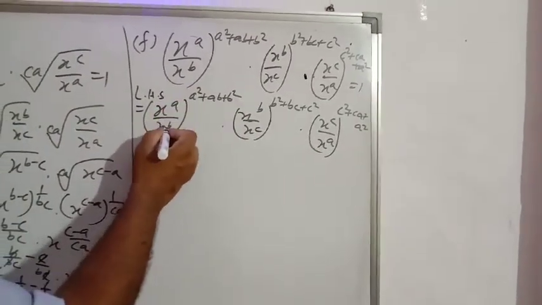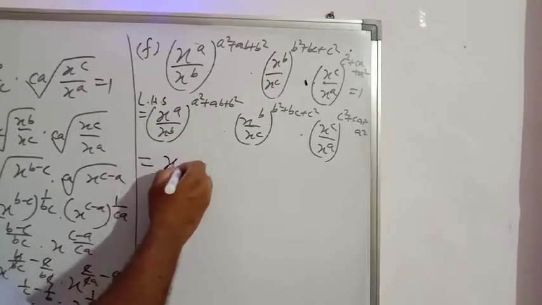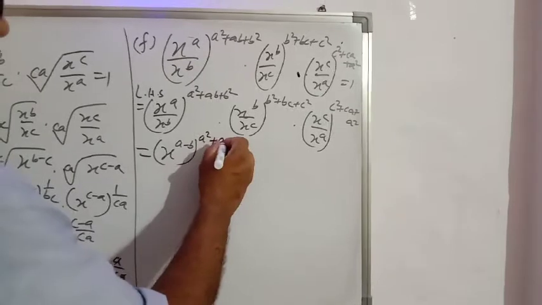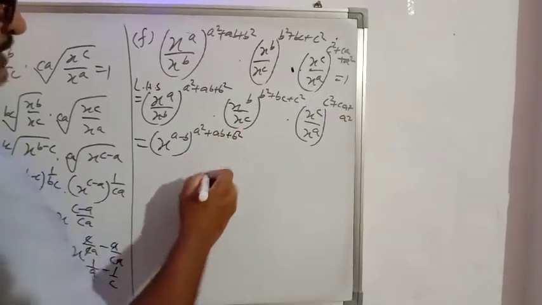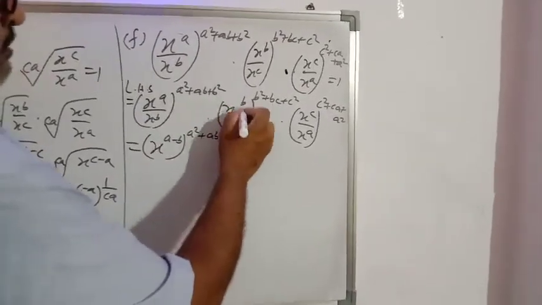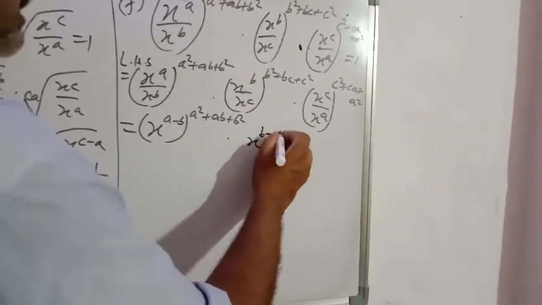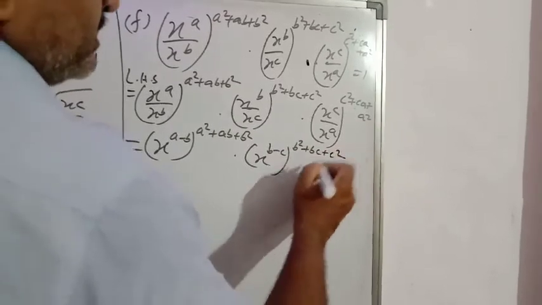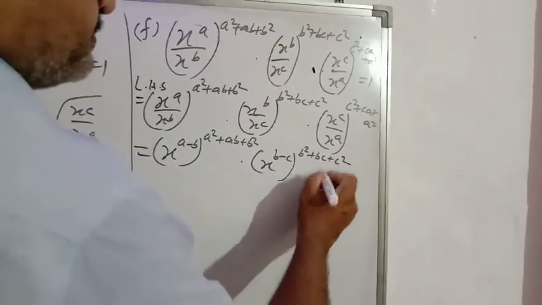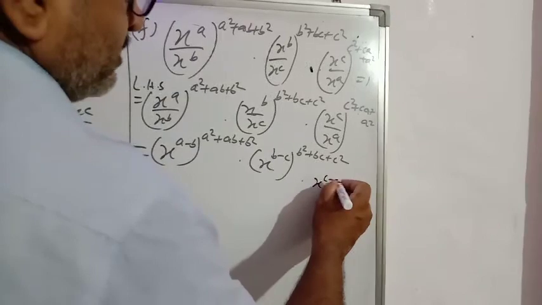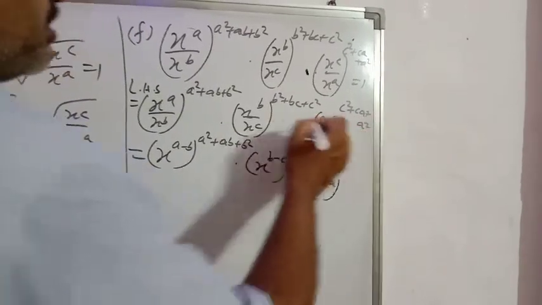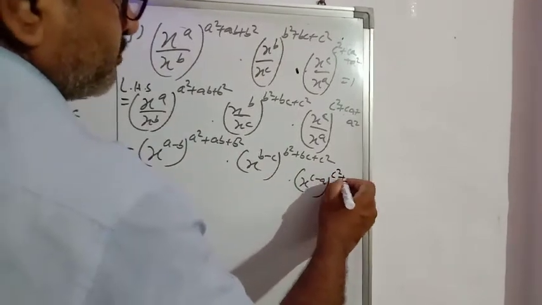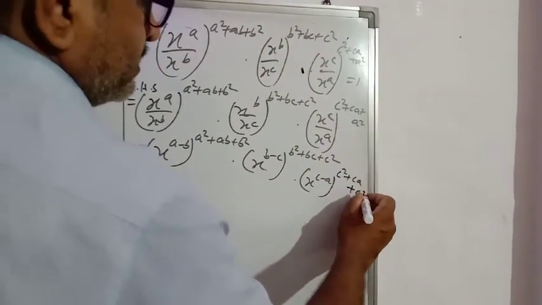Use the quotient rule: x to the power a minus b and power a square plus ab plus b square, next x to the power b minus c, power b square plus bc plus c square, into x to the power c minus a, power c square plus ca plus a square.